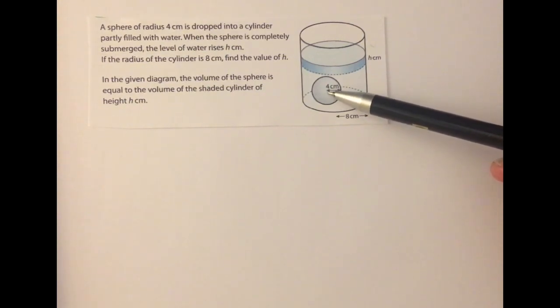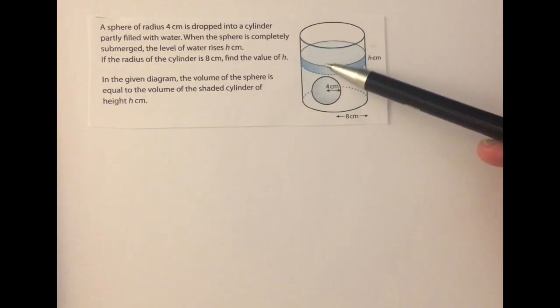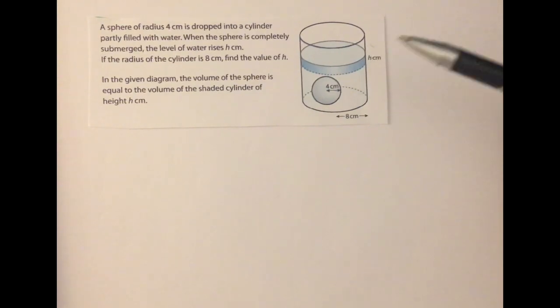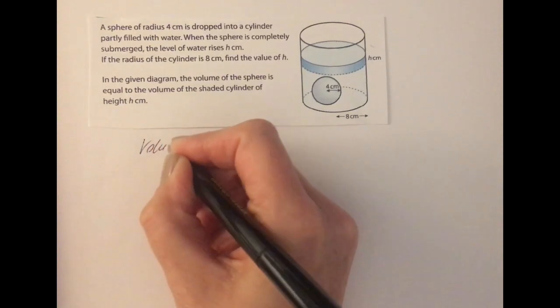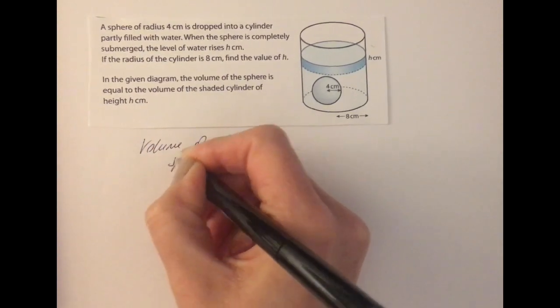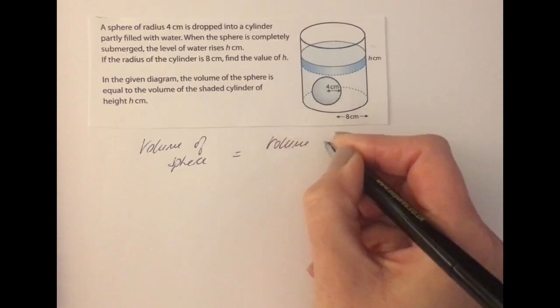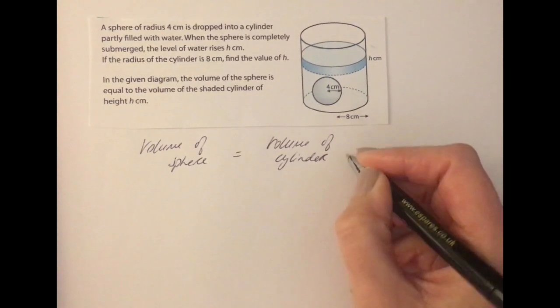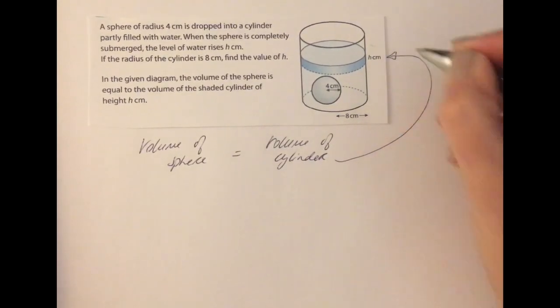So that means then that the volume of this sphere is equal to the volume of that dark blue cylinder where the height is h. So that means the volume of the sphere is equal to the volume of the cylinder that is, of course, that little cylinder up on the top.